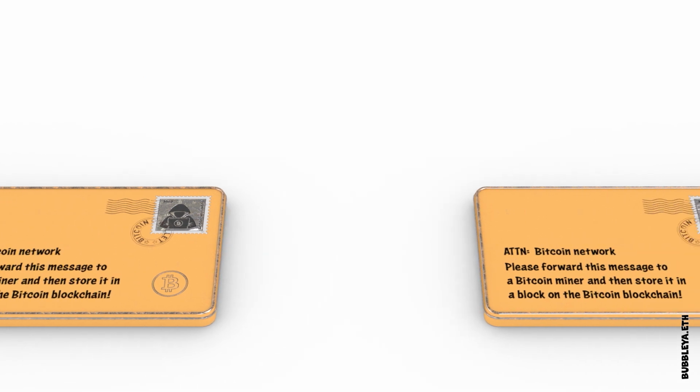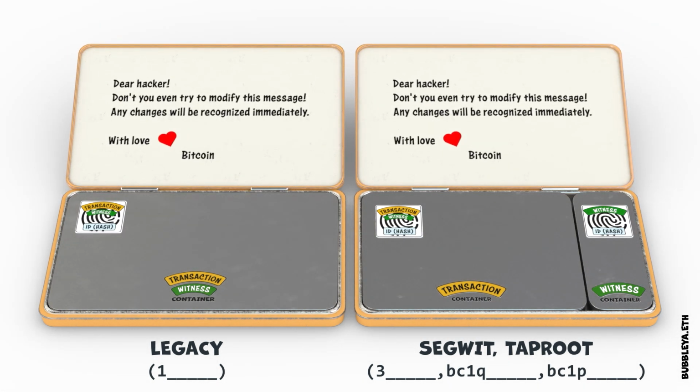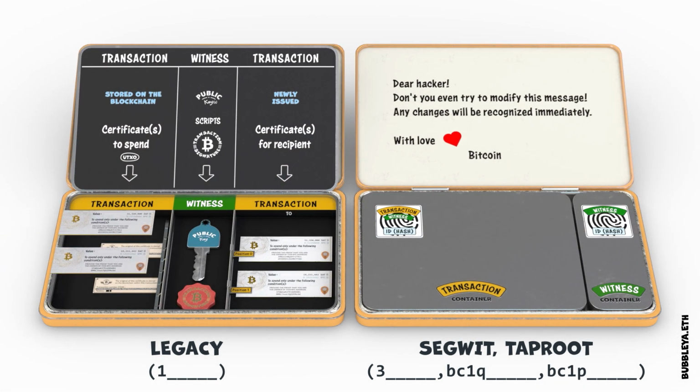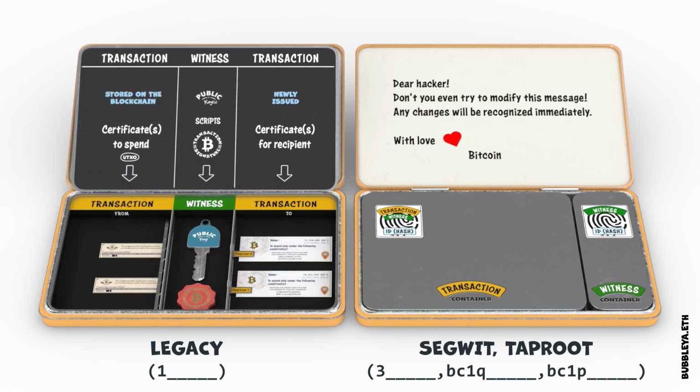The type of Bitcoin address on certificates we use for payment decides how the wallet constructs the transaction. For payment with the certificates issued to the legacy address, the wallet uses a transaction form with only one box for transaction and witness data. You can find the place for the witness data in the middle of the box. We will name this kind of transaction a legacy transaction.